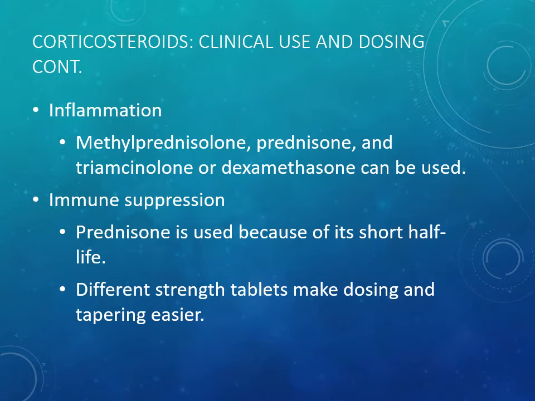And although all corticosteroids have immunosuppressive capability, prednisone is the most commonly used. It is, as I mentioned, short half-life. It is very low cost. There's negligible mineralocorticoid activity, and it's also available in 5 and 20 milligram tablets that make dosage changes really simple for patients to manage in the long term.